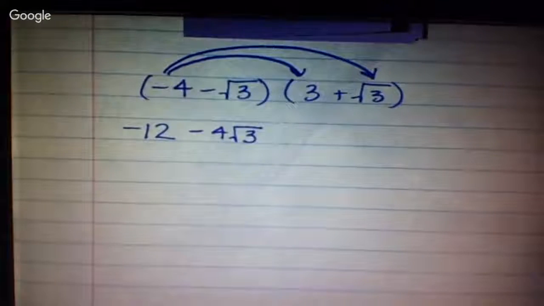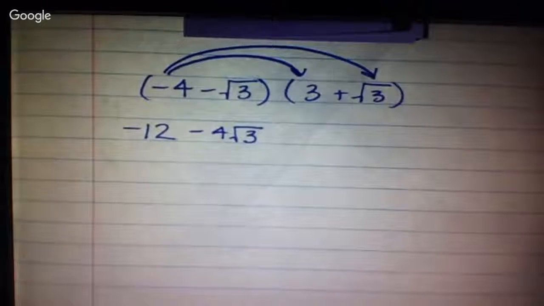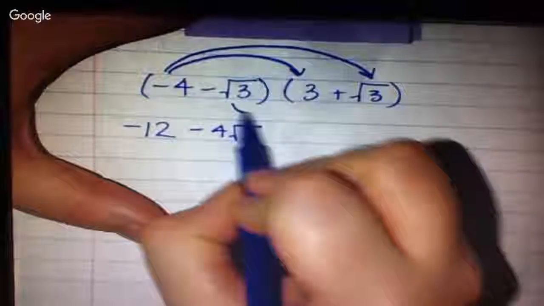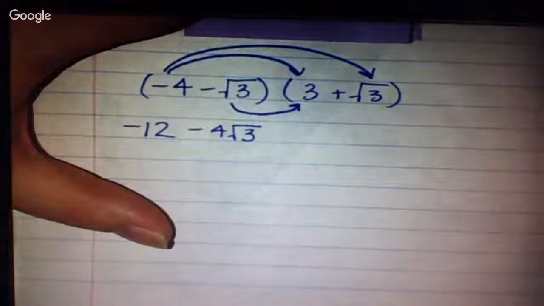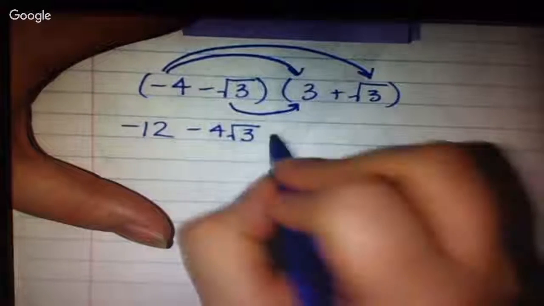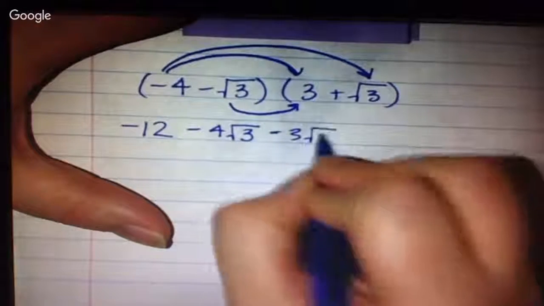Okay, remember, when you have a number times a radical, you multiply your coefficients. So -4 times 1 gave us the -4, and there is no radical, so we keep the square root of 3. We need to multiply the inner now. Negative square root of 3 times 3. -3 square roots of 3.